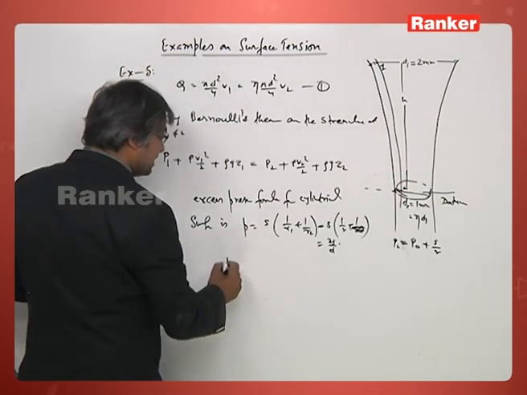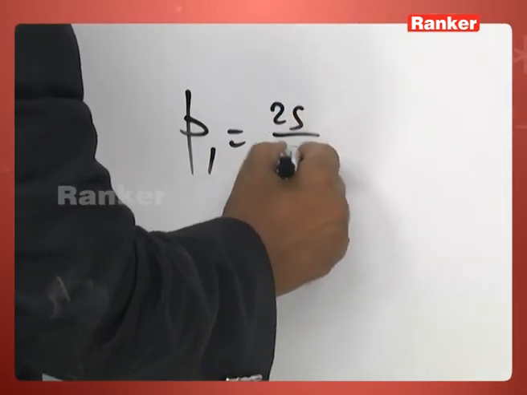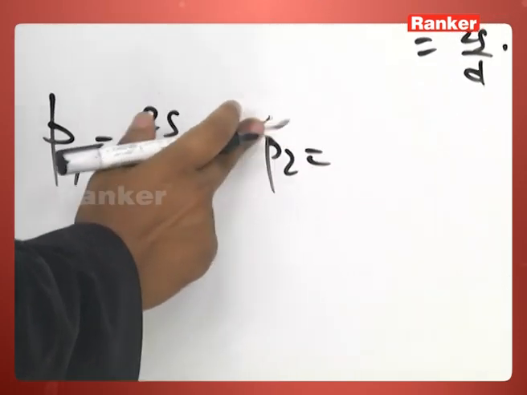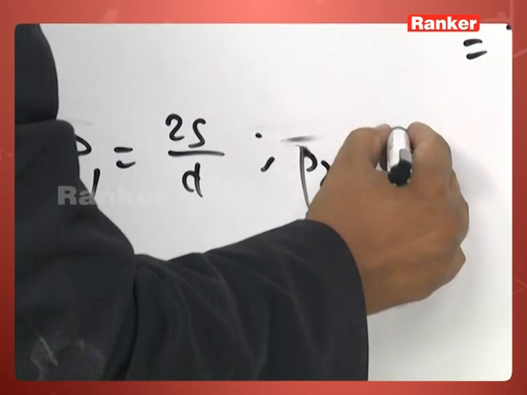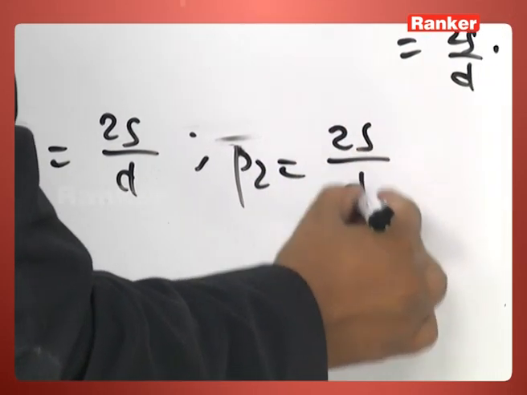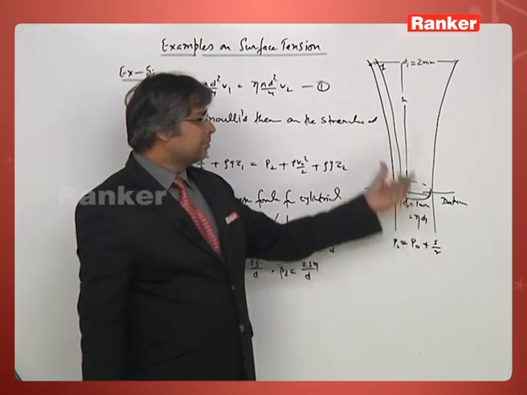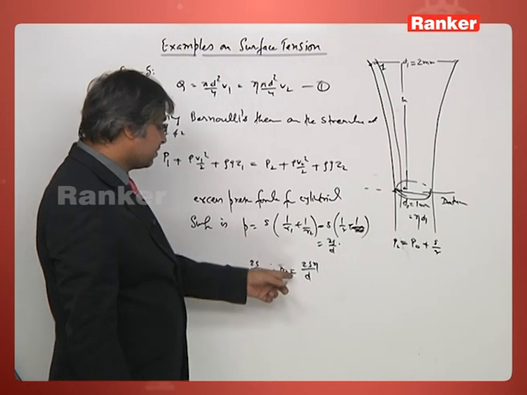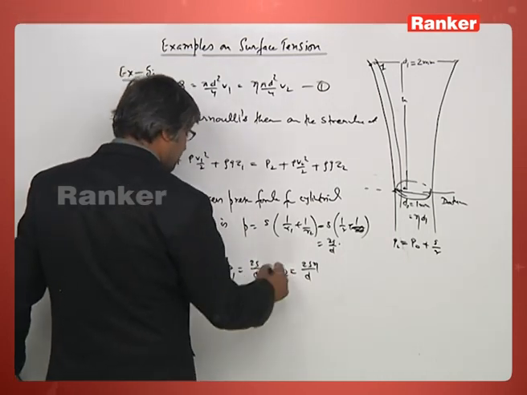So from this I can say the excess pressure at point 1 is 2S by d, and at point 2 it is 2S by d by eta, that is 2S eta by d, where d is the initial diameter.